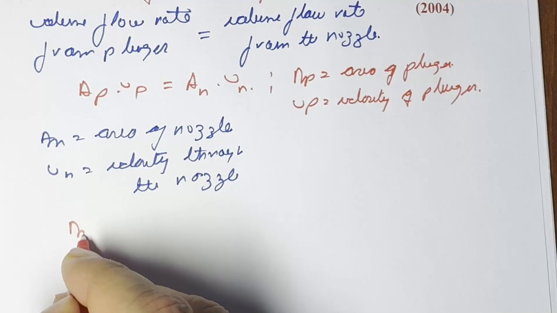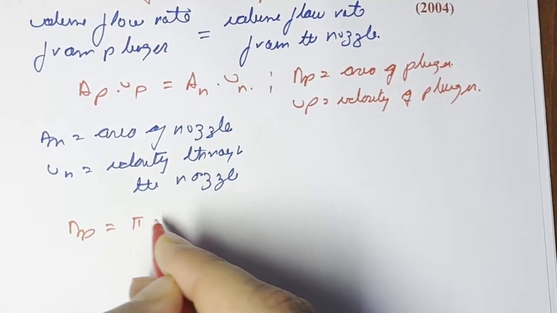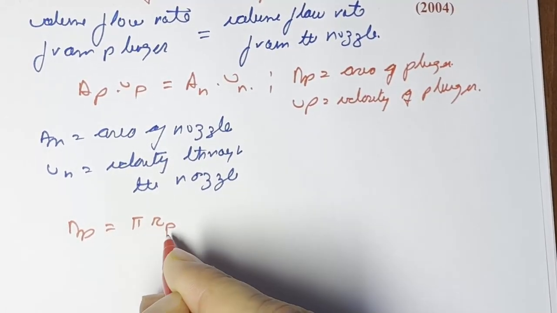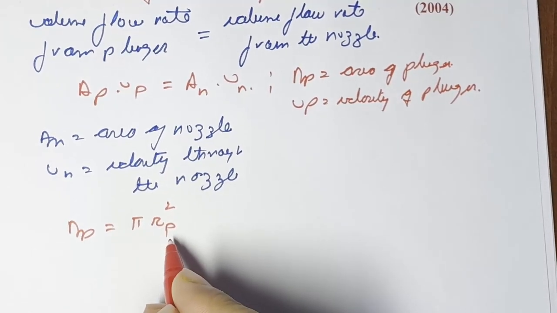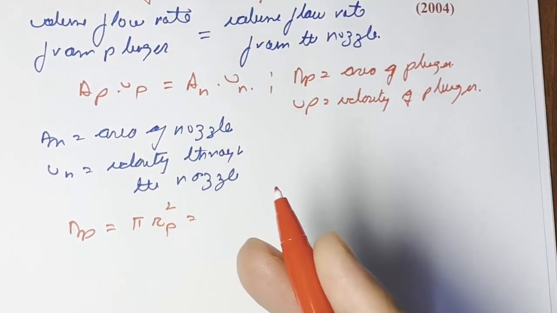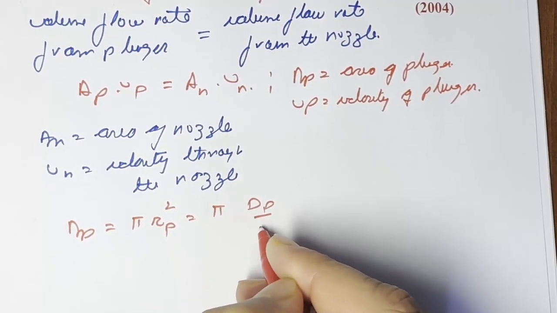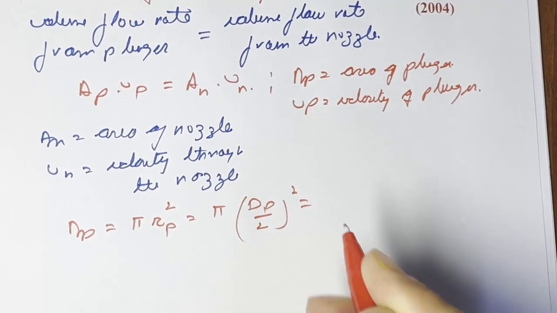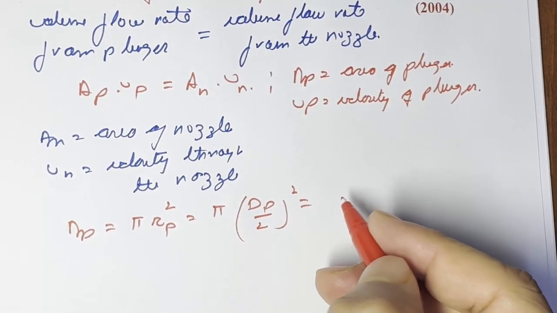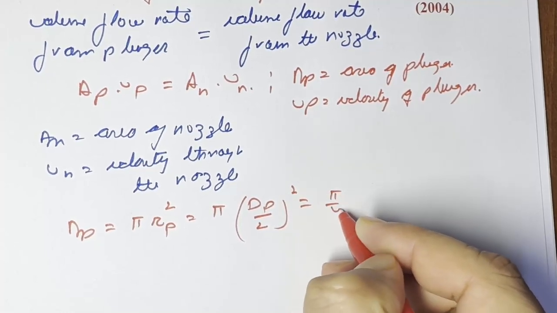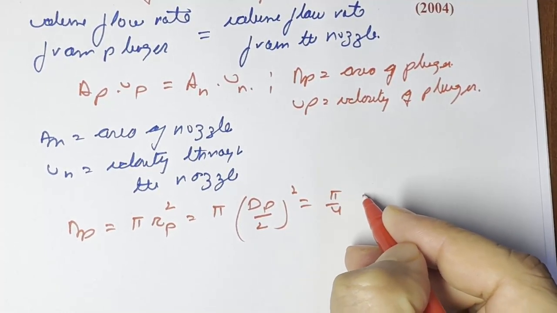So let's find the areas. AP will be equal to pi rp square, where rp is the radius of the plunger. We are given the diameter, so this will be pi times the diameter of the plunger divided by 2, whole square, which is pi by 4 times 8 square, as the diameter of the plunger is 8 mm.